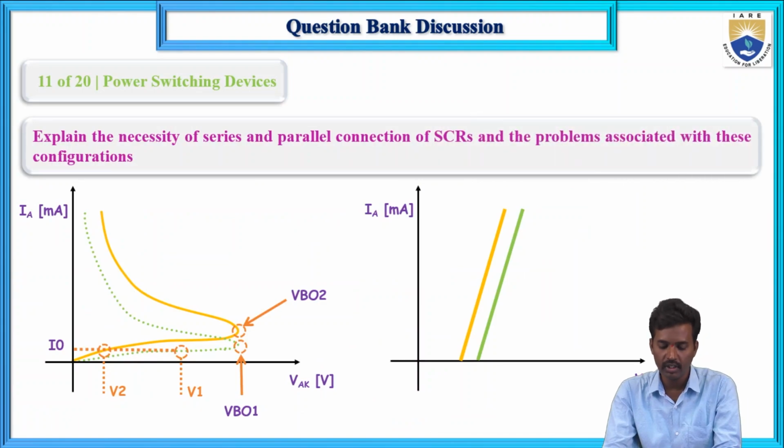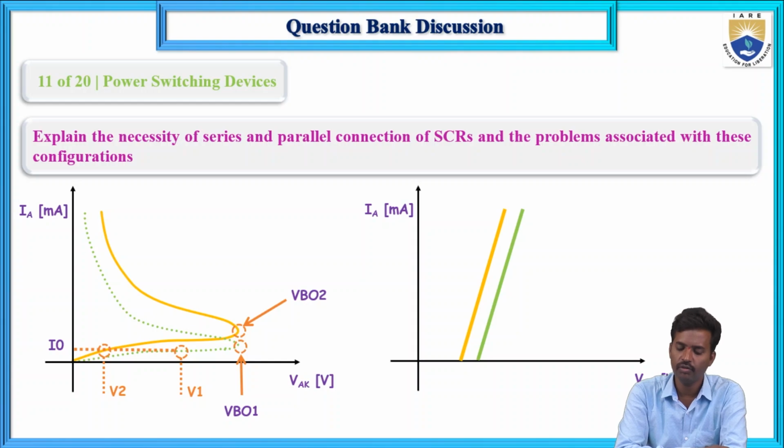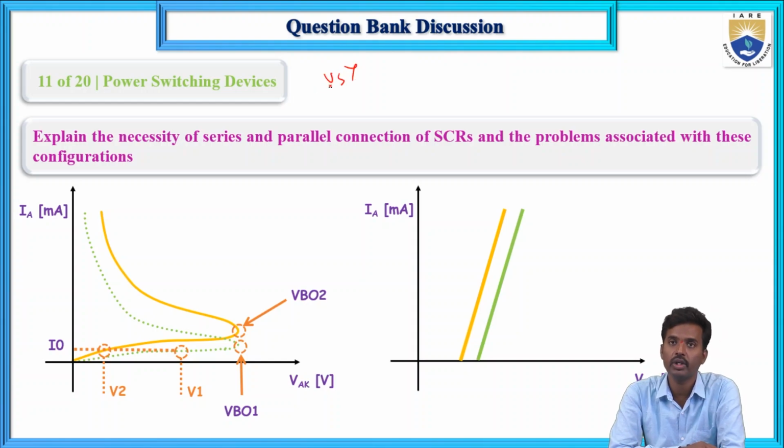Now here, what is the necessity of series and parallel connection of SCRs and the problems associated with this configuration? What is the need when the supply voltage is greater than the thyristor voltage, the device voltage?